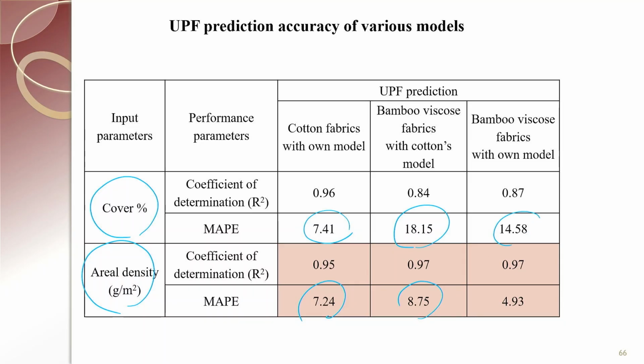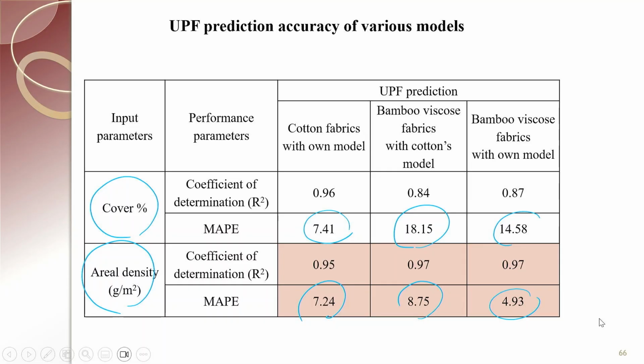And for the areal density model, for both cotton and bamboo viscose, within its own model, it gives the least error.